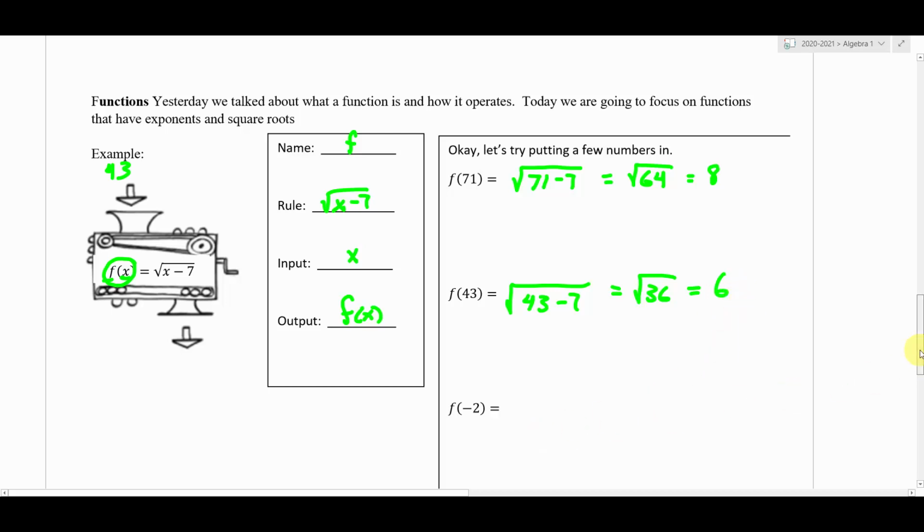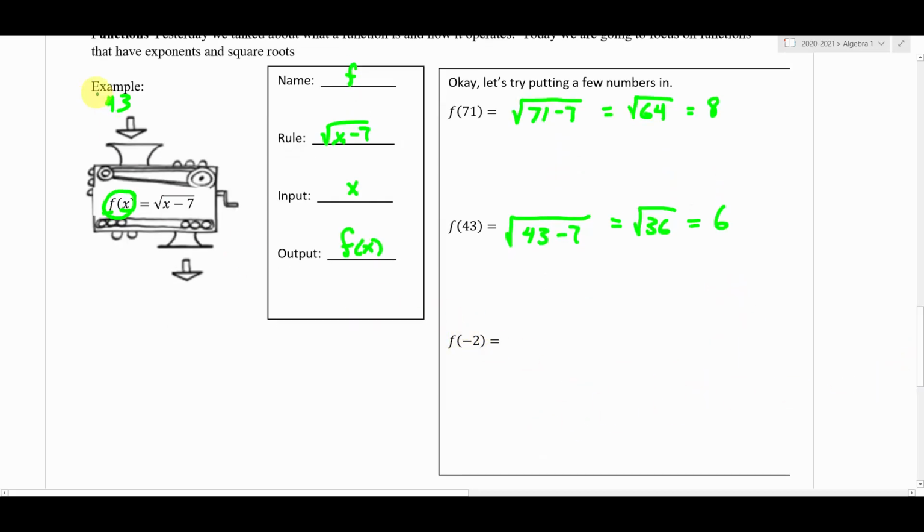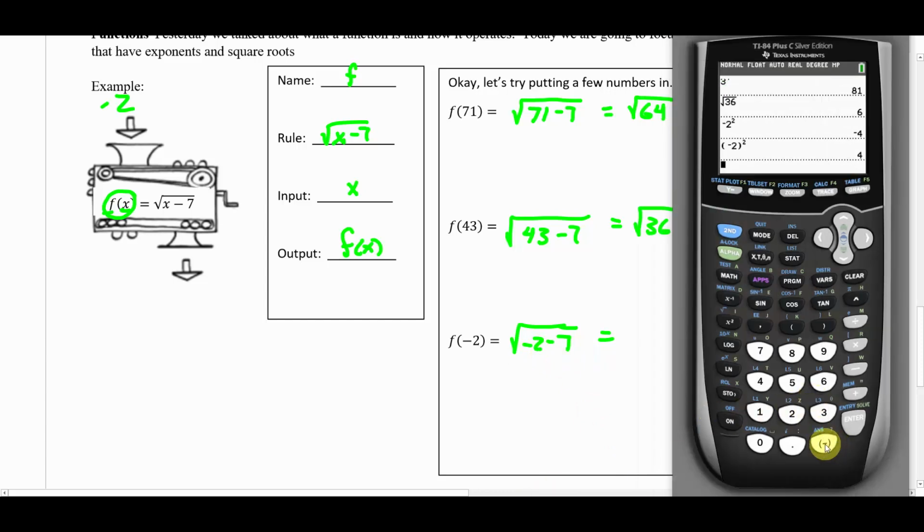All right, last one here. We're going to put a negative 2 in there. So over here with my machine, I'm kind of thinking about how this function works. I'm putting a negative 2 in, it goes in, it replaces the x. So I'm going to have the square root of negative 2 minus 7. And if I do negative 2 minus 7, you can use your calculator if you get a little bit confused here.